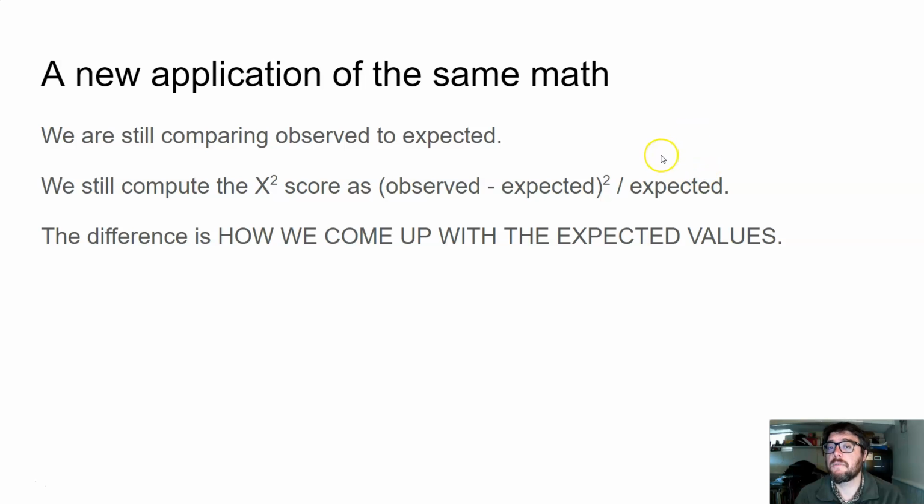If our observed is being drawn from a population where what we expect really is going to happen, then this value is going to be roughly distributed the way a squared value would be drawn from a standard normal distribution. The big difference in the chi-square test of independence is how we come up with the expected values.